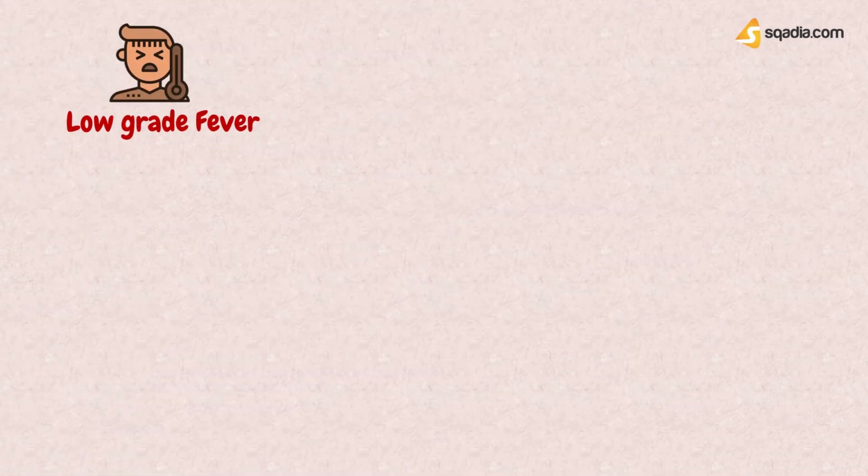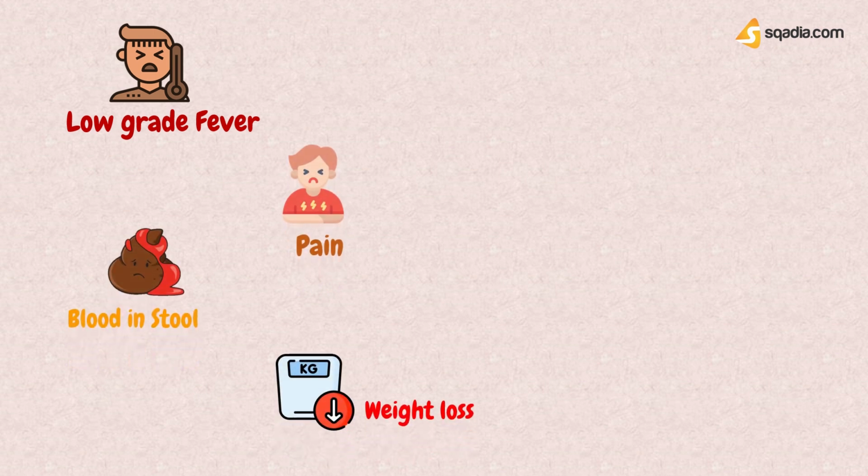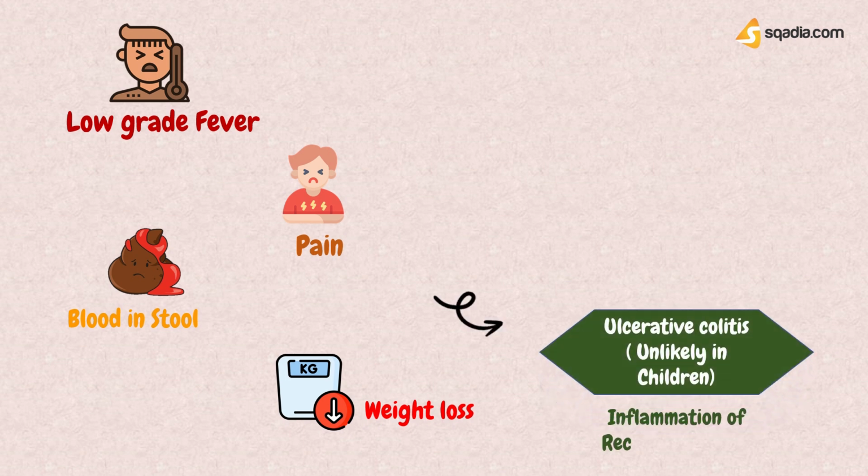And lastly, if the patient shows symptoms like low-grade fever, pain in lower abdomen, blood may appear in stool, which are not well formed, and sometimes weight loss, then this might give you an indication that patient has ulcerative colitis, which is also unlikely to occur in children. So, ulcerative colitis is the inflammation of rectum and colon.